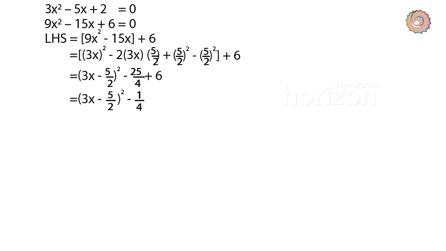Simplifying the rest of the terms, we get the quadratic equation as (3x minus 5 by 2) whole square minus 1 by 4 equal to 0.